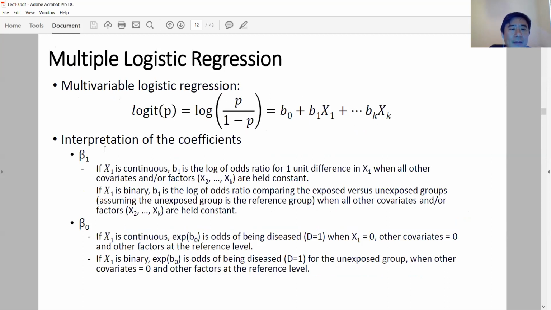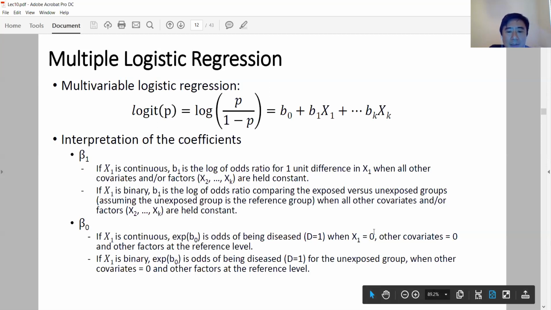And here the interpretation of the B1 term is the log of the odds ratio for one unit difference in x1, the main exposure, when all other covariates or factors are held constant. And if x1 is binary, then B1 is the log of odds ratio comparing exposure group versus non-exposure group, also when the other covariates or factors from x2 to xk are held constant.